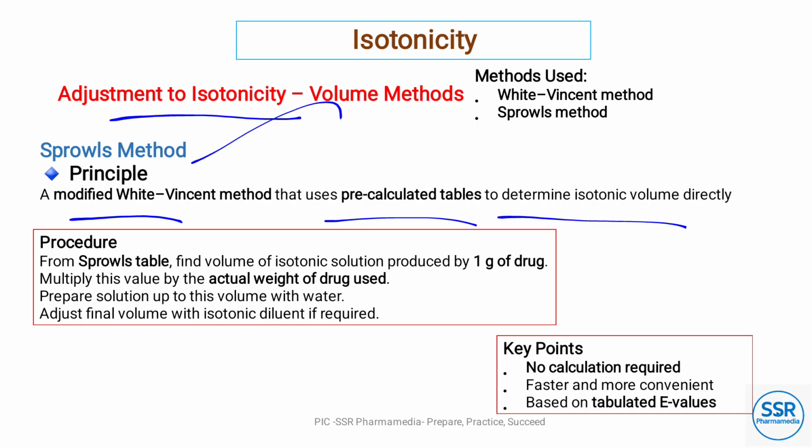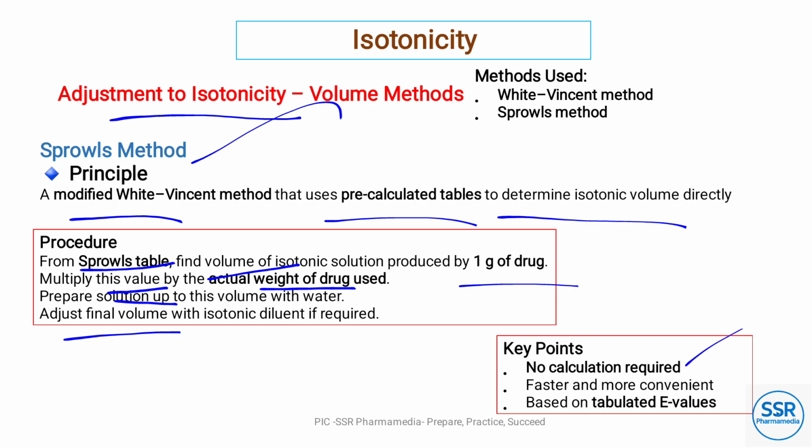In this procedure, to determine the isotonic volume from Sprowls tables, find the volume of isotonic solution produced by 1 gram of drug. Multiply this value by the actual weight of the drug used. Prepare the solution up to this volume with water. Adjust the final volume with isotonic diluent if required.